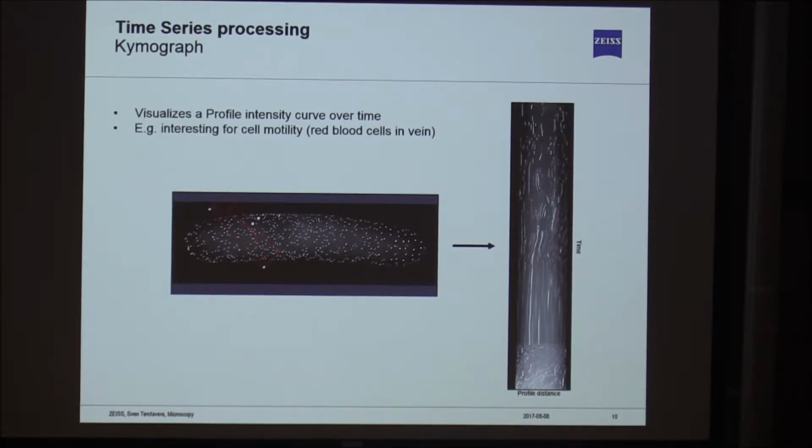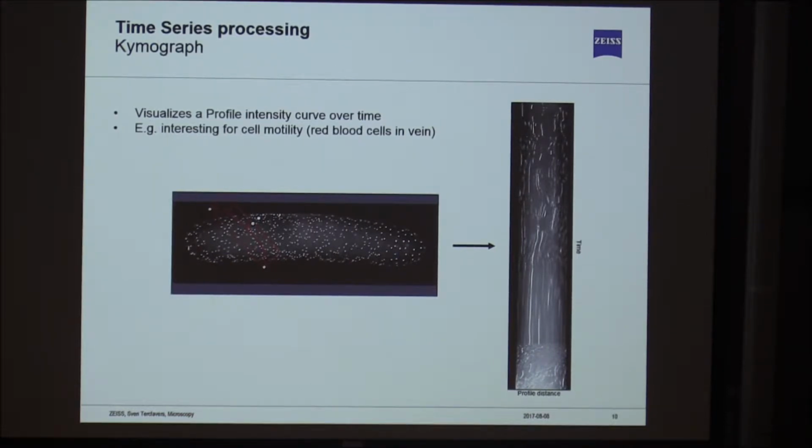A bit less known would be the kymograph. In a kymograph, what's happening is if you have a time-lapse image, as you can see here, so this is just one time point image, you draw a line over it and you show the intensity distribution over the line. Now, since it's a time-lapse, the intensity distribution of this line can be shown over time as a kymograph.